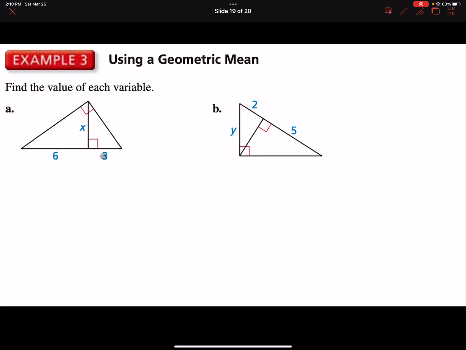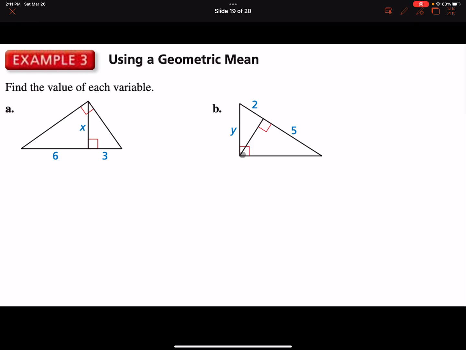Well, 6 times 3 is 18, and the square root of 18 is what we're looking for. That's going to be equivalent to x. The square root of 18 can be broken down into root 9 and root 2, so 3 root 2 would be my answer for x, and I'm going to show you that in just a second.